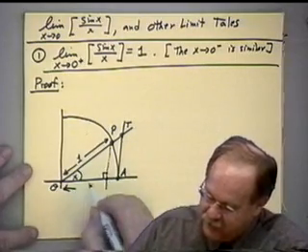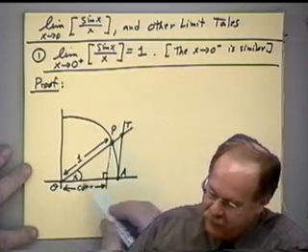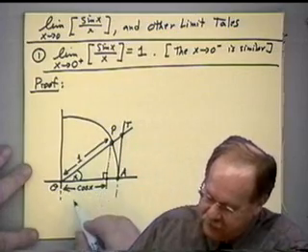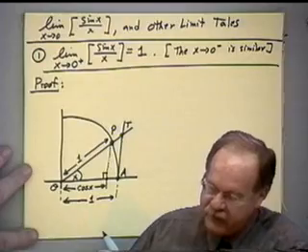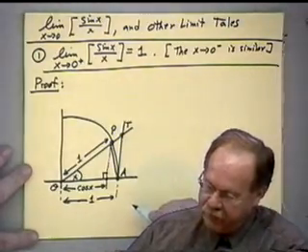And this distance here, by the definition of cosine, is going to be cosine x. And then the distance here to A, since it is 1 radius, is a unit distance. And I will then connect P and A here in a line like so.